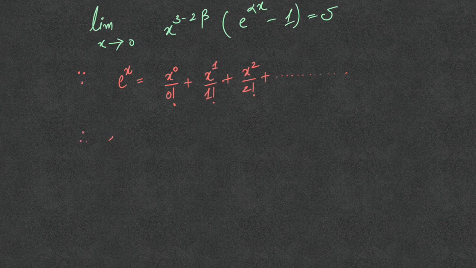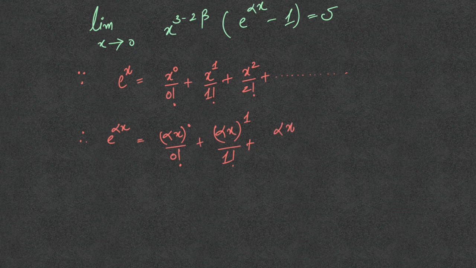Therefore, e to the power alpha x is alpha x to the power 0 upon 0 factorial plus alpha x power 1 upon 1 factorial plus alpha x power 2 upon 2 factorial plus so on.